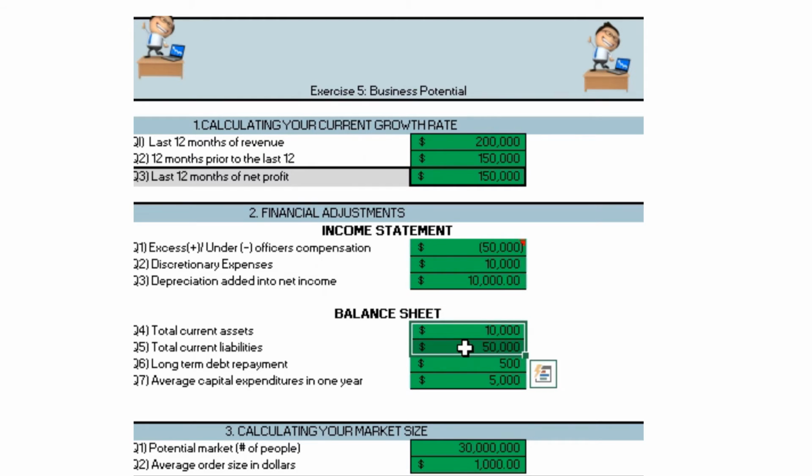The new owner also has to take care of working capital needs, and if you don't have enough cash, that's even more cash they have to come up with, because they have to meet your working capital shortfalls. And then if you have long-term debt, that's something they take on, which affects your cash flow. And your average capital expenditures, they have to make sure they have enough money to meet those every year. So those things affect your cash flow. Now next we'll look at how other factors will affect your business value.